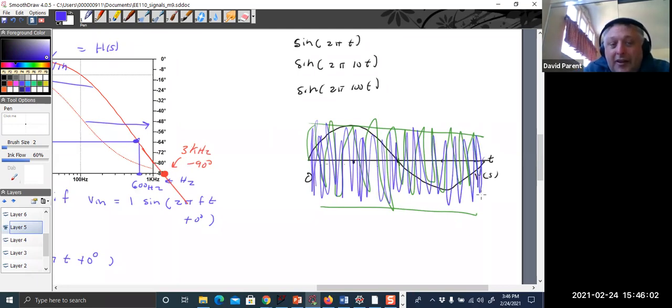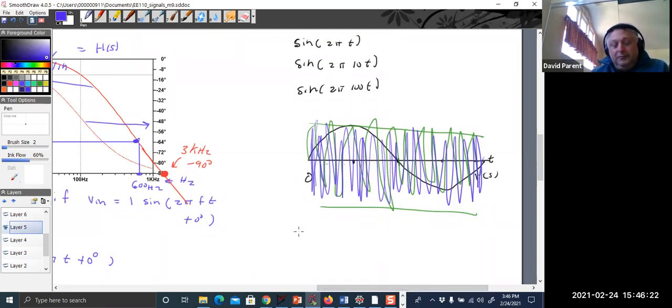You just can't see it. It's impossible. And then to see that this is delayed by a certain amount of phase, you measure it this way. But really, the time domain makes it really hard to see different frequencies.